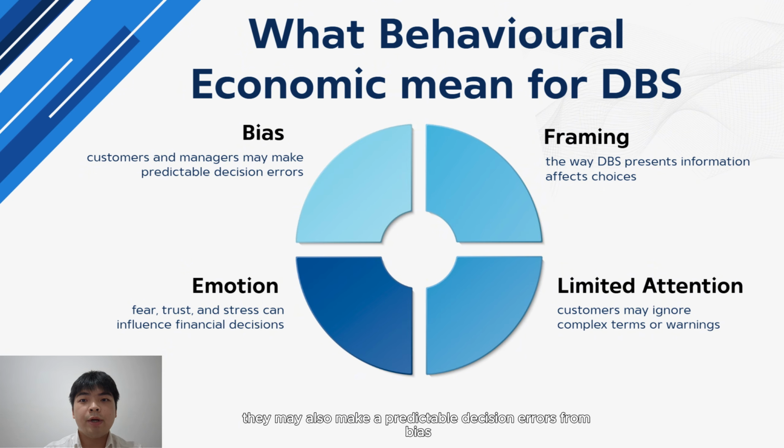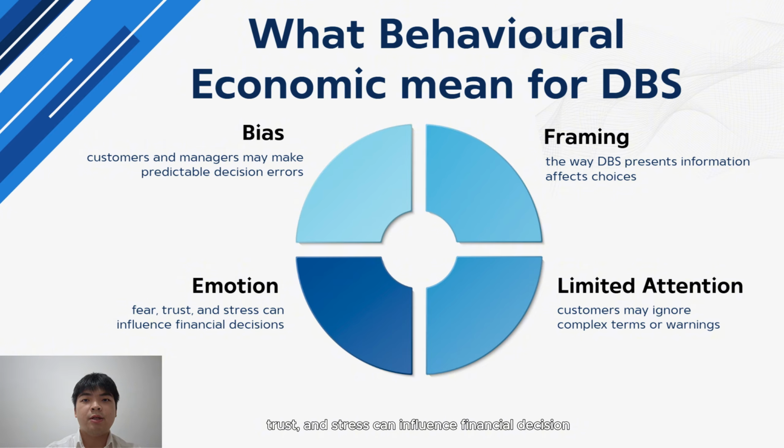They may also make predictable decision errors from bias. In addition, emotions such as fear, trust, and stress can influence financial decisions. This means behavioral economics is important for improving customer communications and supporting better banking decisions.